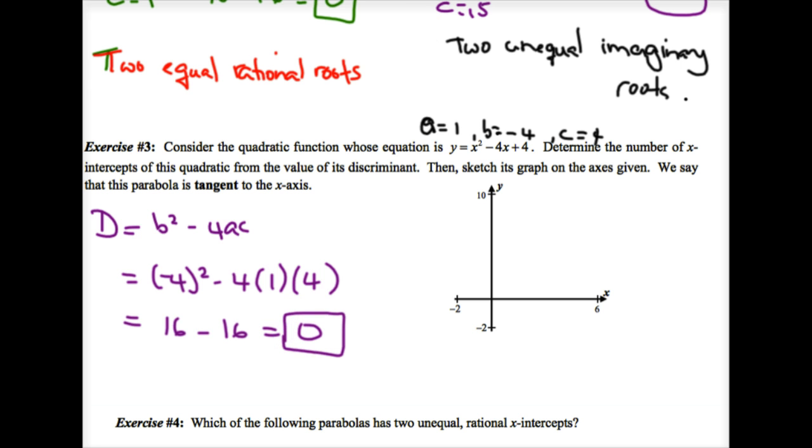Again, when your discriminant is 0, it means that there are 2 equal rational roots. Now, how would this look? Get your calculator and let's graph this together.